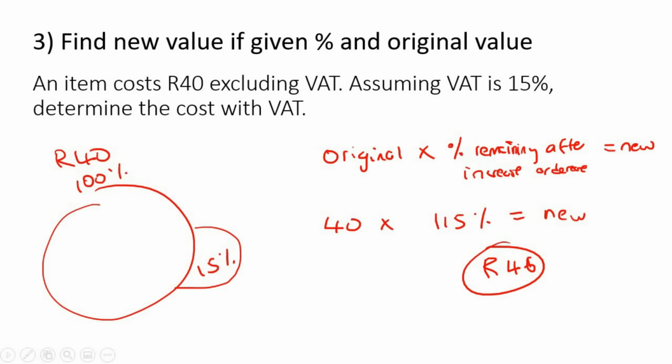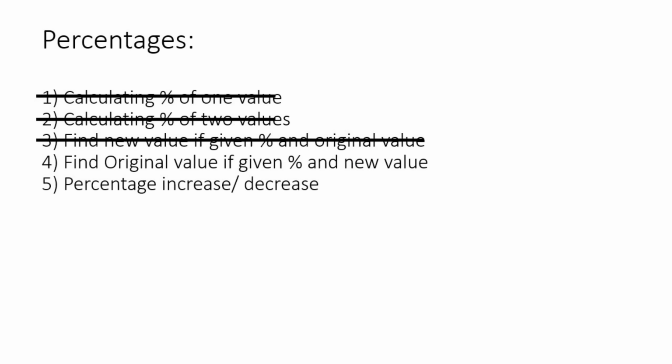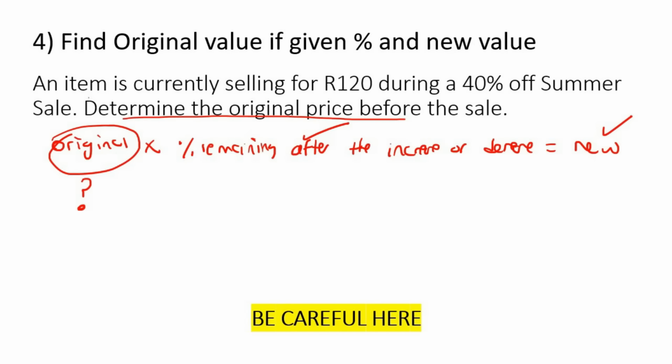In all of these previous questions, they gave you the percentage and the original, but they didn't give you the new price. In step 3, we said find the new value if they give you the percentage and the original. Now they're going to say find the original if they give you the percentage and the new price. That's the difference.